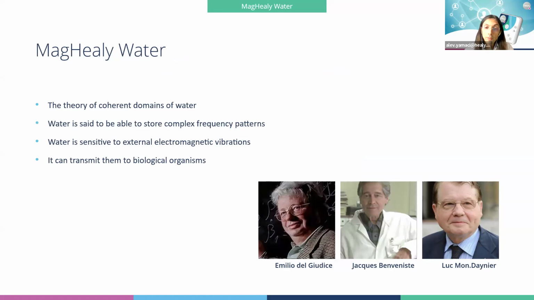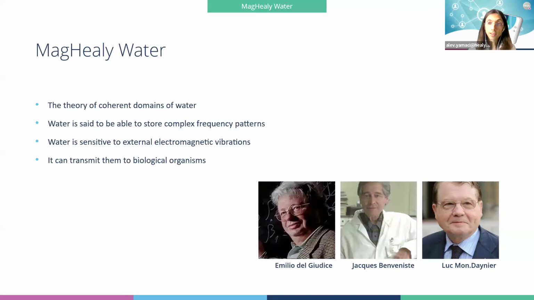If you deep dive into this, you will not come around Emilio Del Giudice or Jacques Benveniste or Luc Montagnier. They are really specialists on those complex frequency patterns that are stored in water. And of course, water is quite sensitive to external electromagnetic vibrations. And of course, those can then be transmitted into biological organisms.